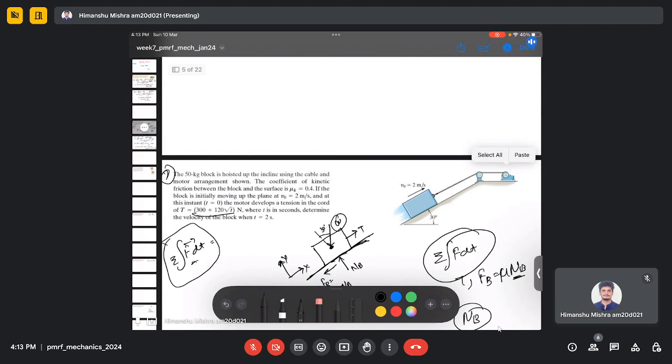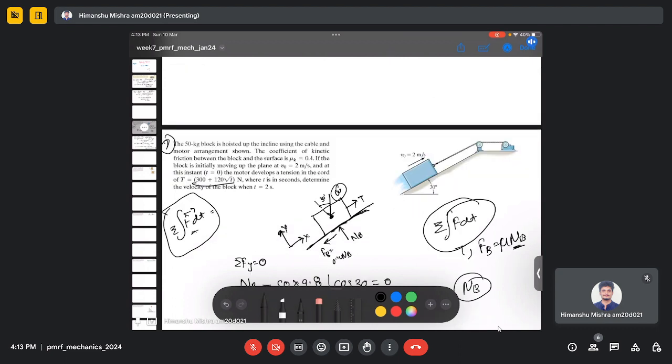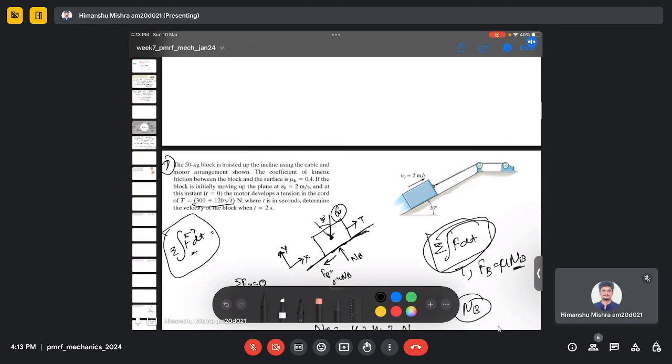So in all the questions, first you need to figure out the number of forces which are acting, and look at what is required to be found. Because in the previous example we saw that we can get forces from the conservation equation, or we can get velocity, or subsequently the angular acceleration or time.